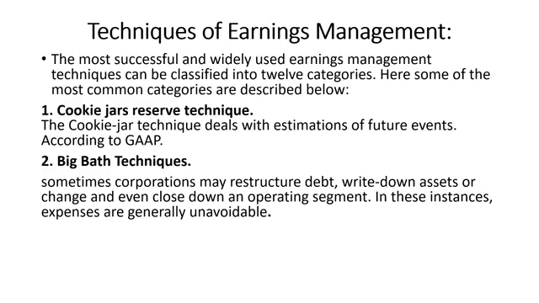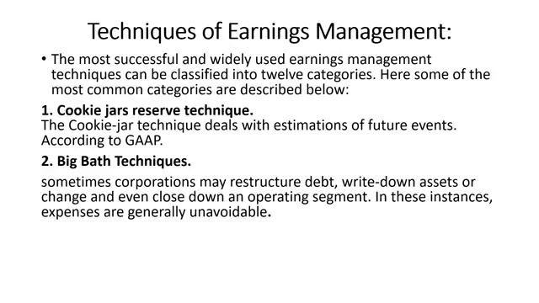Number 1, the cookie jars technique. The cookie jar technique deals with the estimation of future events according to GAAP, the generally accepted accounting principles. So the cookie jar technique deals with these principles to estimate future events.